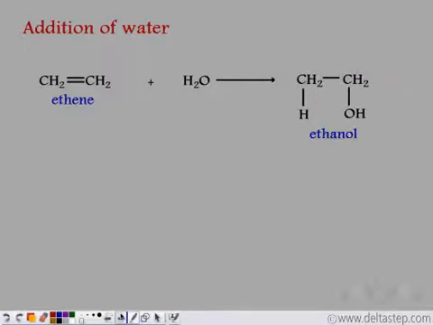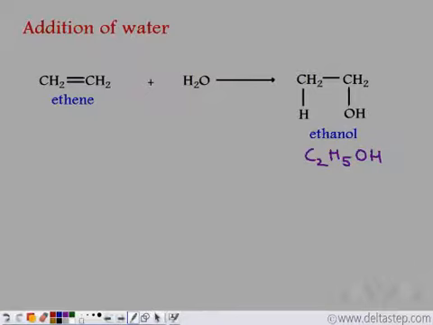And this product is ethanol, because if we count, this is C2, then we have 1, 2, 3, 4, 5, and OH. C2H5OH, which is ethanol.